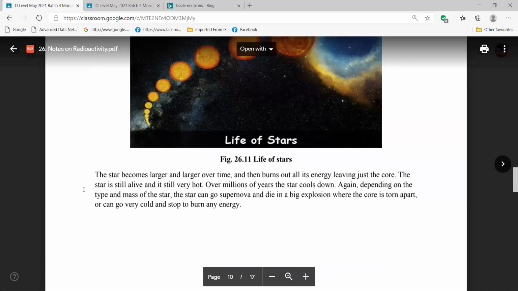The star becomes larger and larger over time and then burns out all its energy, leaving just the core. The star is still alive and is still very hot. Over millions of years, the star cools down, again depending on the type and mass of the star. The star can go supernova and die in a big explosion when the core is torn apart, or can go very cold and stop burning any energy.